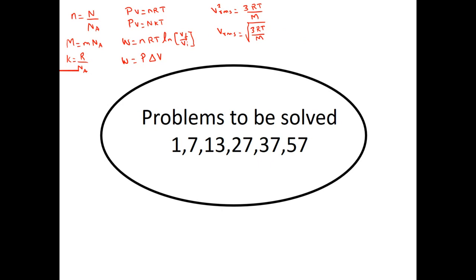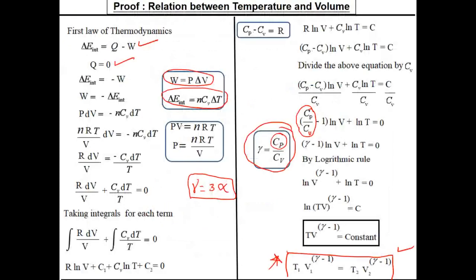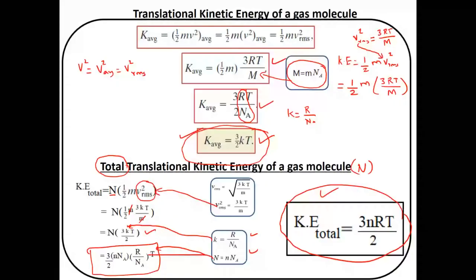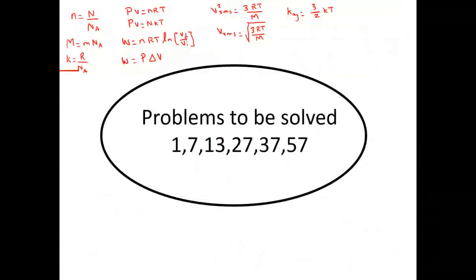What is the average kinetic energy, my dear? Half mV square, which is 3 over 2 times KT. Am I right? And then, what is the total kinetic energy? 3 over 2 nRT. Am I right?